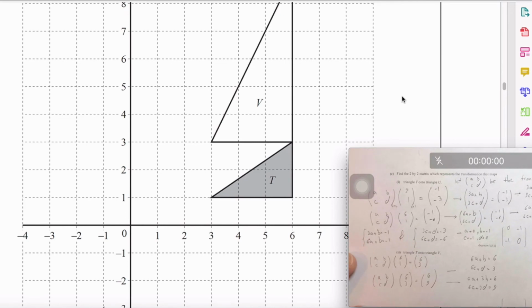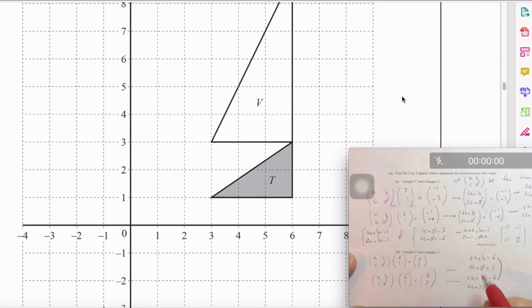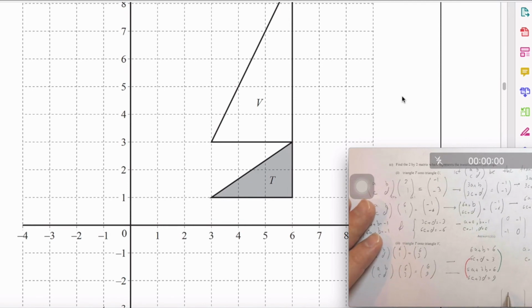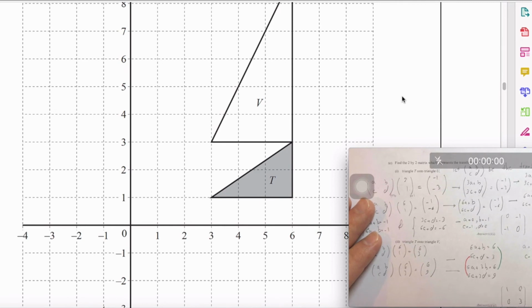So after the multiplication and simplifying and considering these two together and these two together, you will find A, B, C, and D. A will be 1, B will be 0, C will be 0, D will be 3. Then I put them in the matrix. It will be 1, 0, 0, and 3.